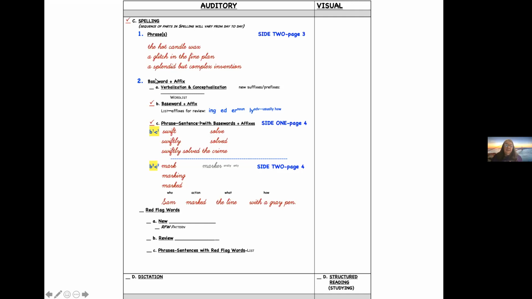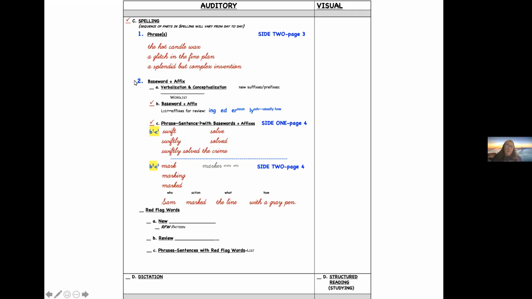And then I did practice some of the suffixes. We practiced adding suffixes to swift and adding a suffix to solve, and then both of those words were in the phrase. So that's number 2 base word, but this could have been number 1, and this could have been number 2. That's the thing.